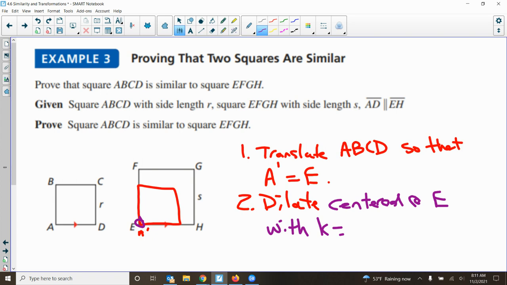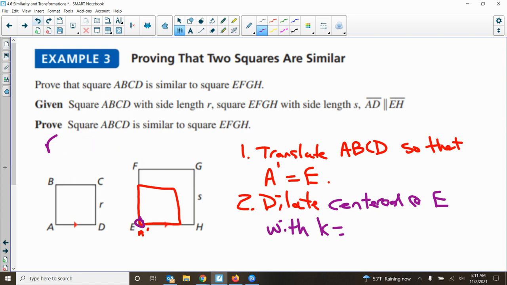What's R times R? R squared. What do I need to multiply R by? Let's call it X for now. What do I need to multiply R by to get S? Nope. Let's solve for this X. This is going to be my scale factor.